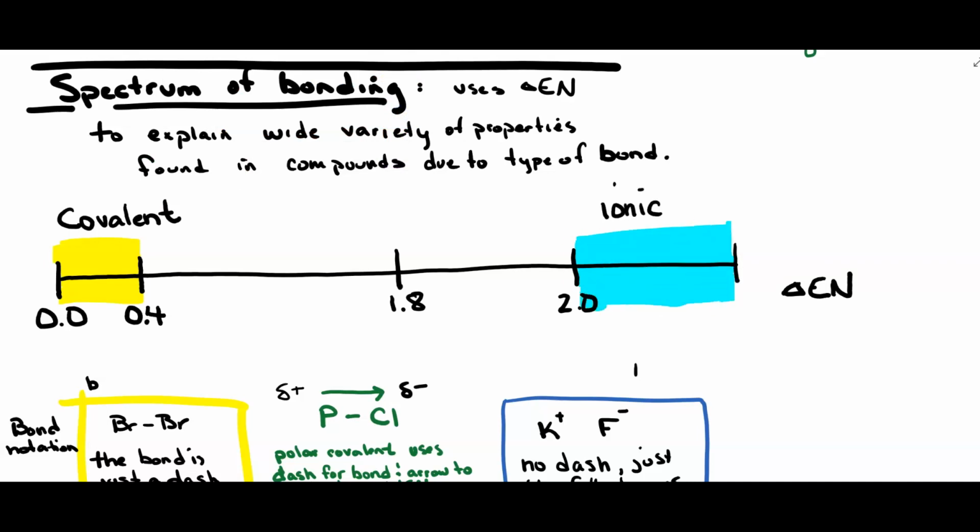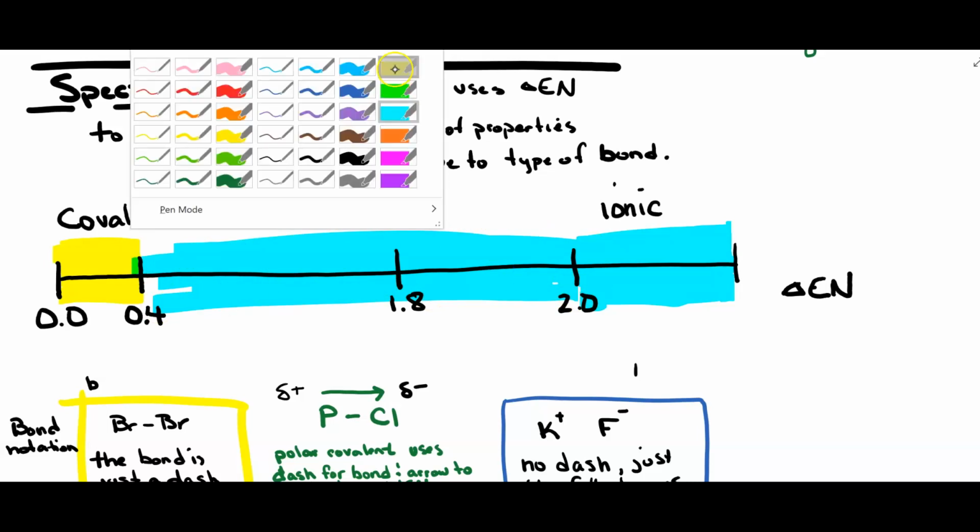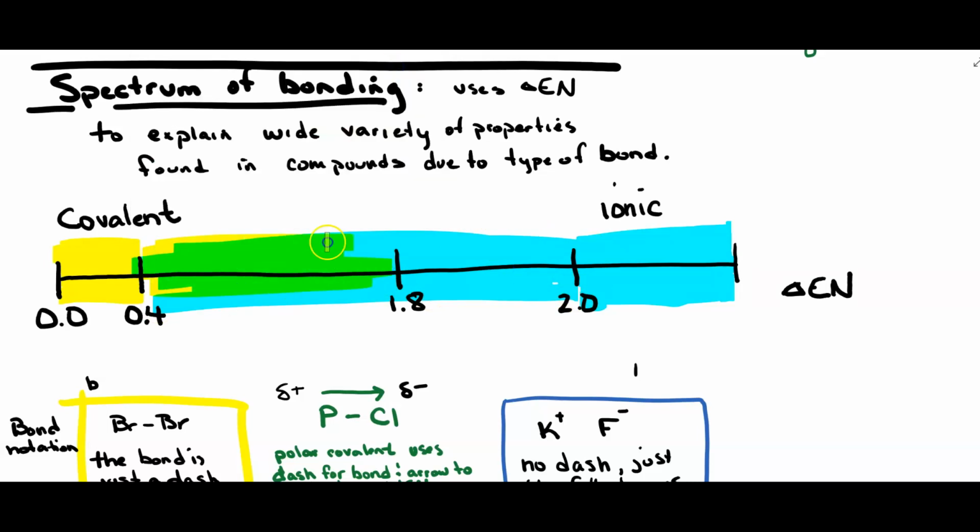But what about everything in the middle? Well, like any artist knows, if you take blue and you mix it with yellow, it appears to be green. So what does green mean? This is a range that we know as polar covalent bonding.